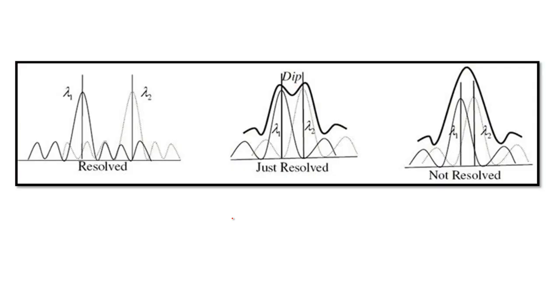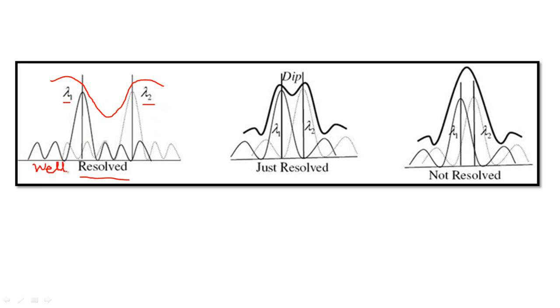Let us consider two wavelengths, lambda 1 and lambda 2, which produce a diffraction pattern on the screen such that their principal maxima are well separated from each other, so that you can observe a distinct dip between the principal maximum of lambda 1 and the principal maximum of lambda 2. Such wavelengths are said to be resolved, or well resolved.